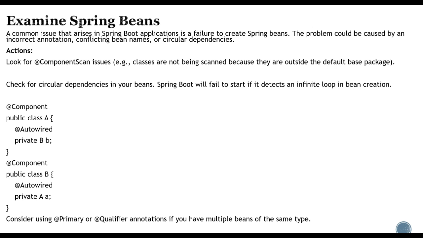So check for circular dependencies in the beans, like let's say A is dependent on B and B is dependent on A. Then you have to detect that infinite loop, and apply your solution for the cyclic dependency. There are many forums or videos available where you can solve this dependency problem.